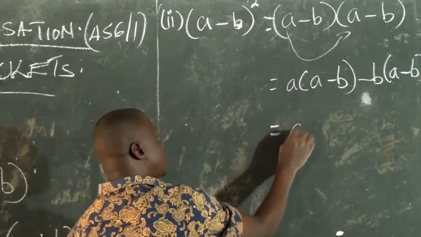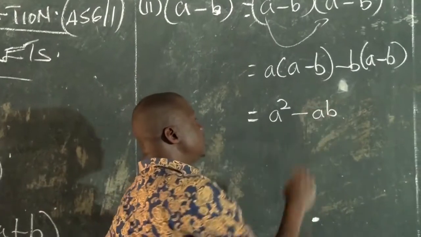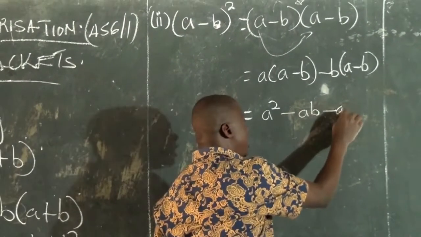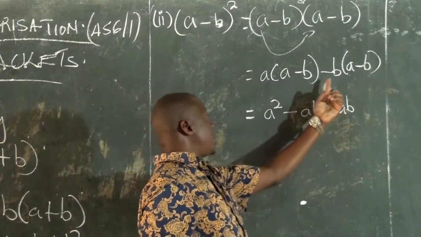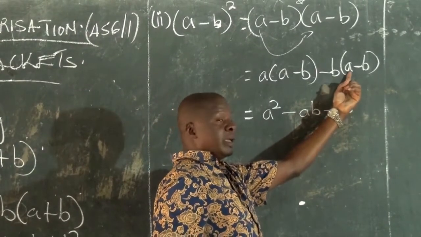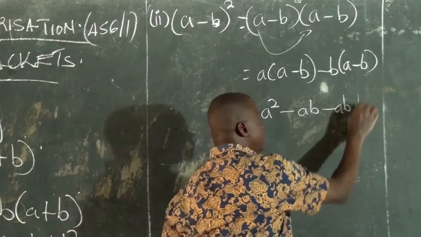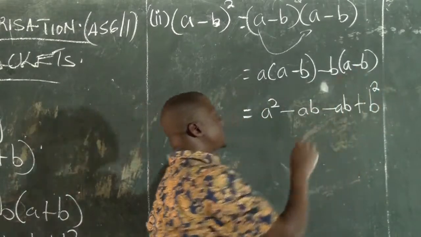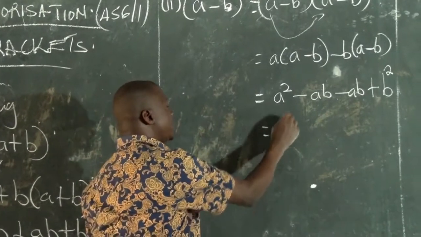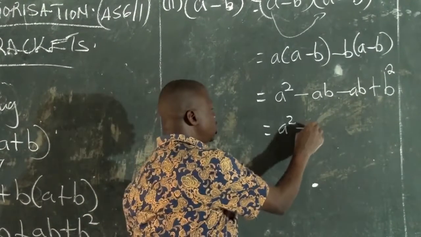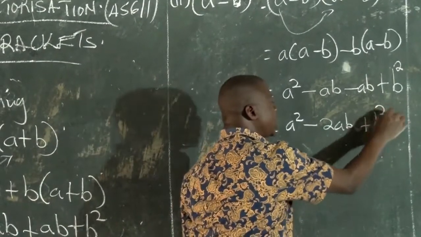This gives us a squared minus ab minus ab again. Remember the commutative rule? Somebody can say ba, but it is the same as ab. Minus and minus gives plus b squared. We collect like terms. This gives a squared minus 2ab plus b squared.